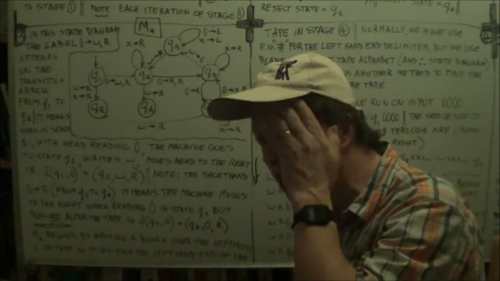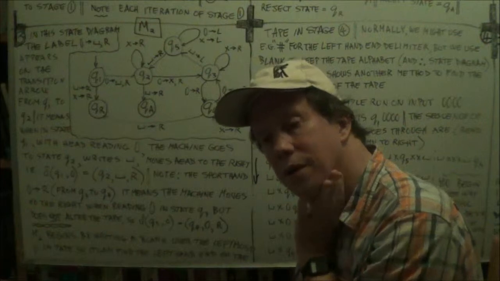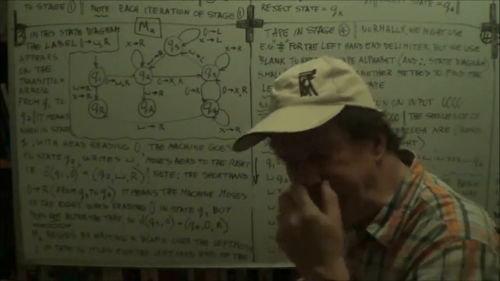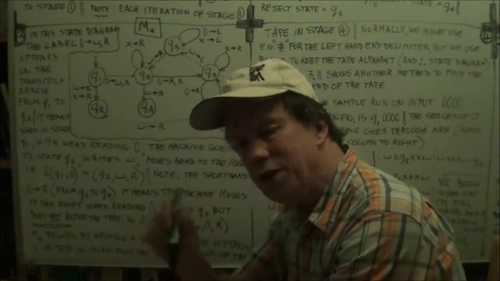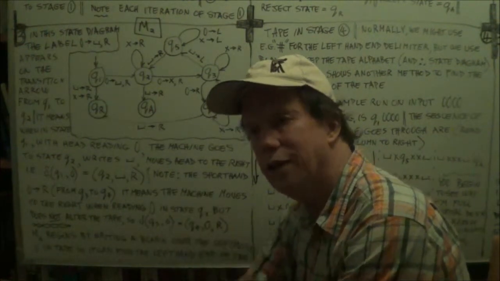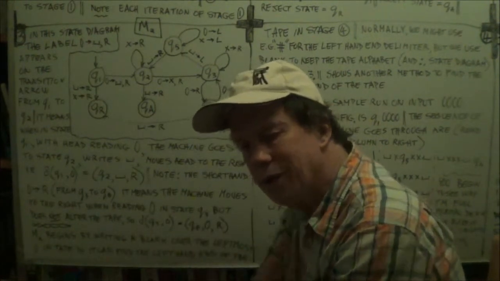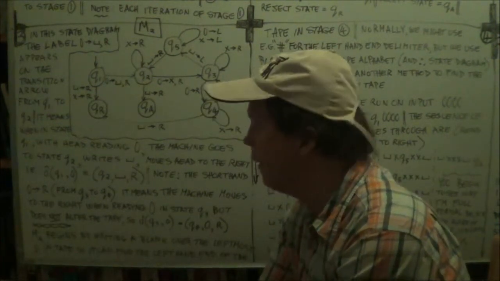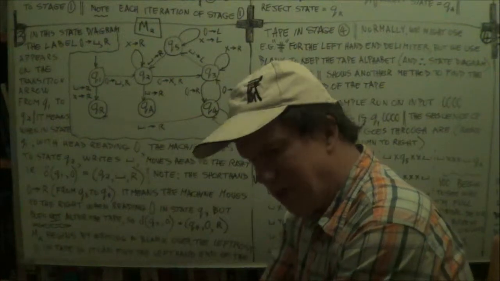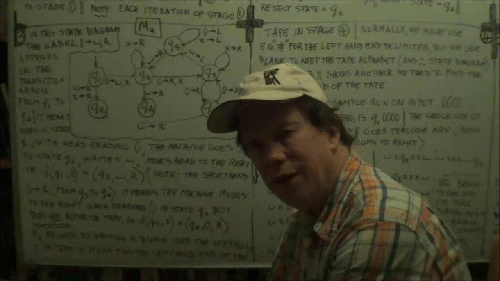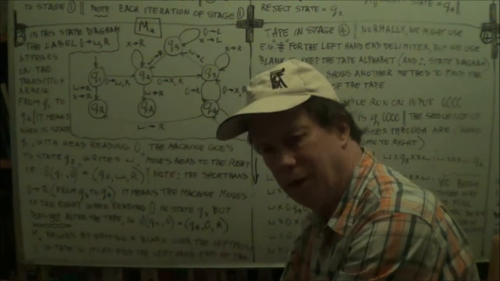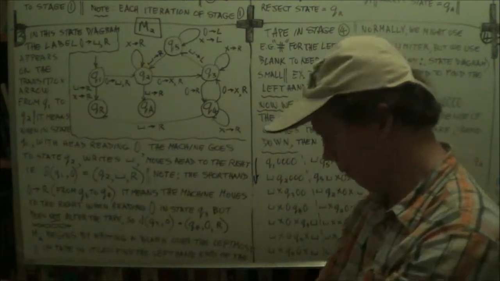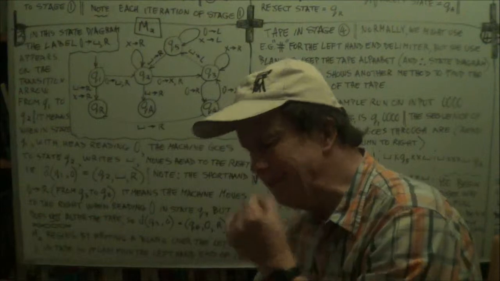The leftmost one of those zeros is on the first square of the tape, and the head's initial position is over that first 0 on the first square. So the very first thing you do is overwrite that first 0 with an X. With an X or a blank? Blank. You put a blank there.